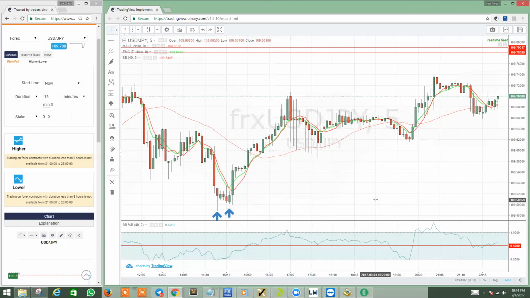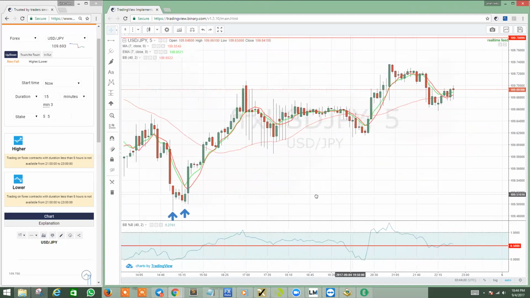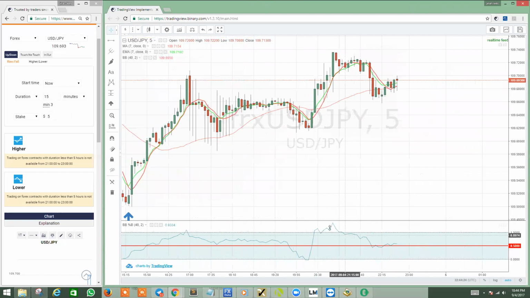And then when I see my EMA 7 and my moving average 7 crossing over at that strong downtrend movement, I really want to get in for that reversal and catch the reversal right there. One of the nicest ones that I like is when I see it being overbought at this level right there, especially on a 5-minute chart.